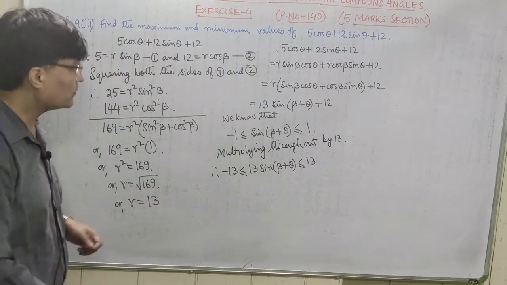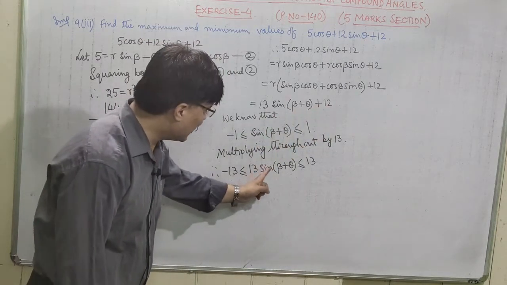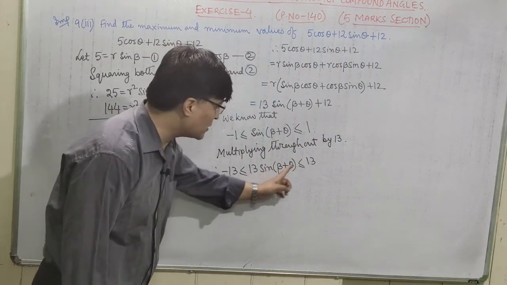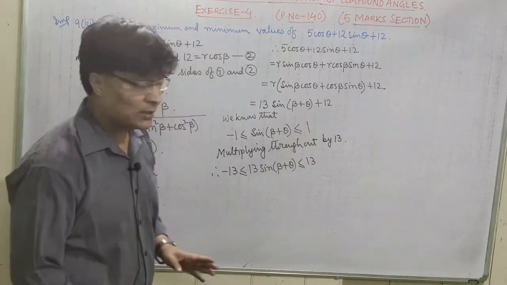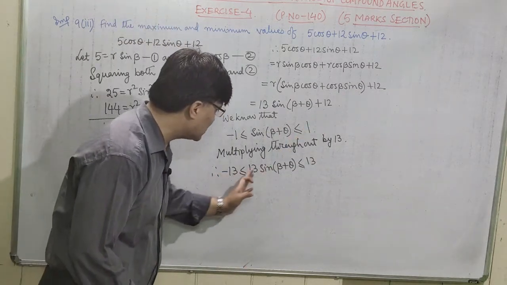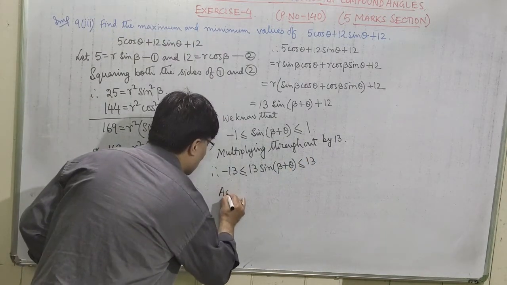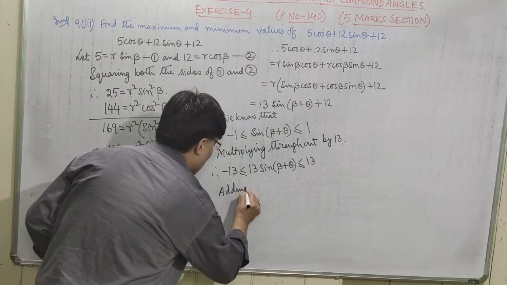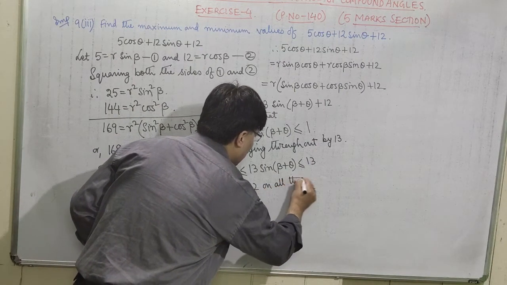Okay. But since 12 is added out here, you have to add 12 in the middle term. So you have to add 12 on all the sides. So in all these three terms, you have to add 12. So adding 12 on all the sides.